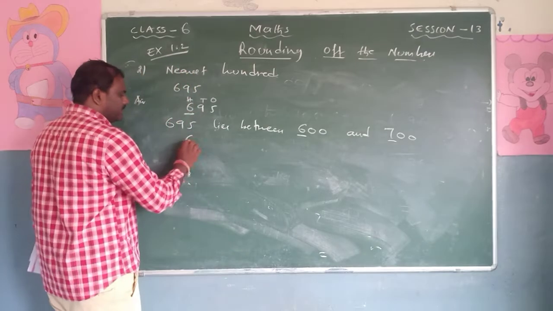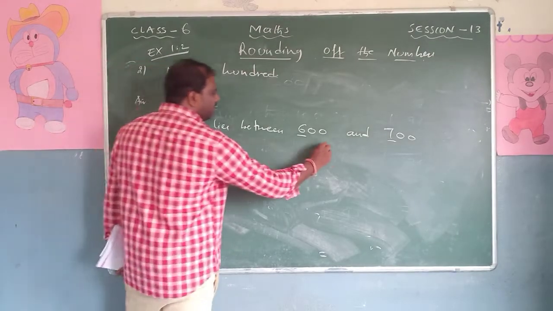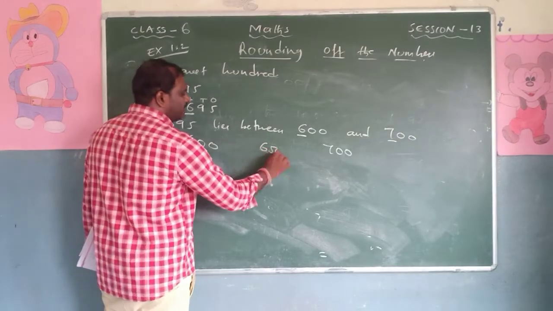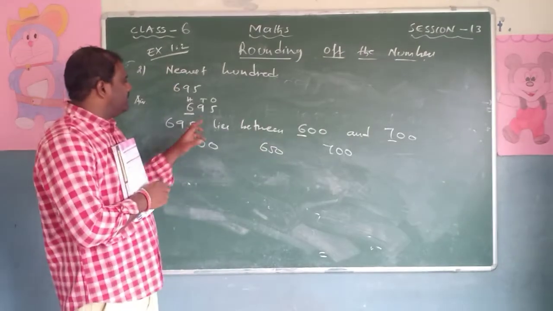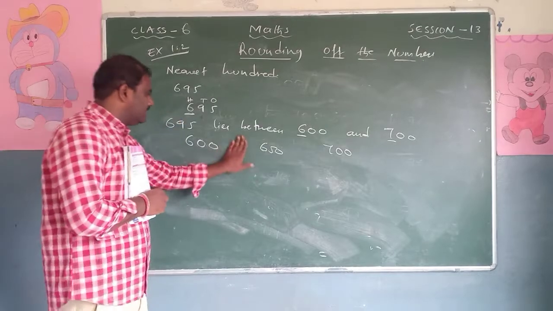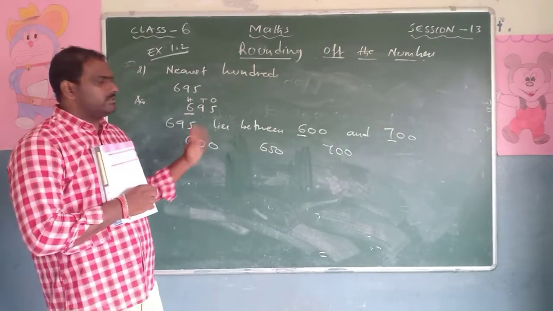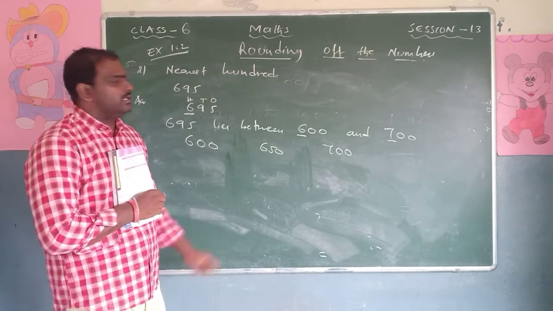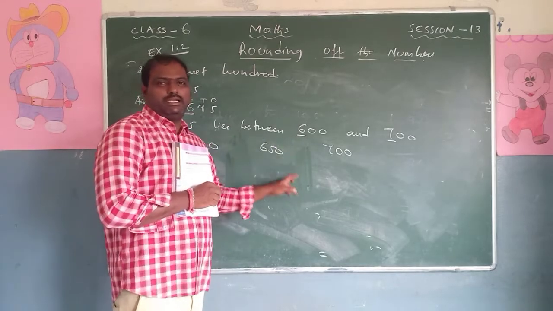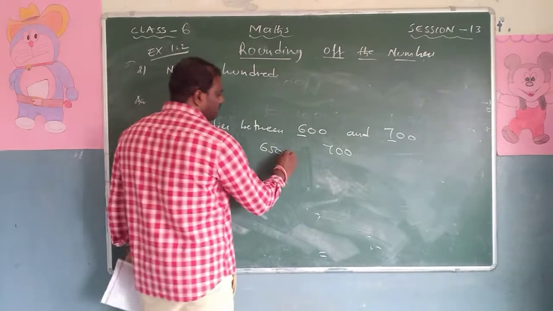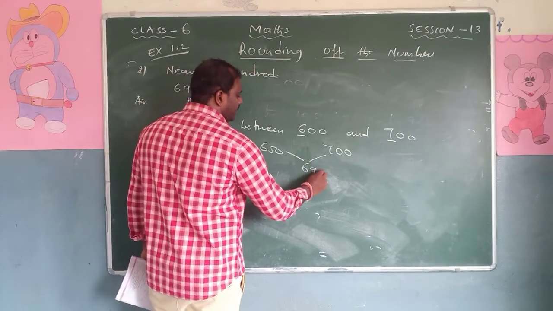Right? After that what should I write? 600, 700. What is the middle number? 650. Now will our number 695 be here or here? Because 600, 610, 620, 630, 640, 650, 660, 670, 680, 690, 700. So 695 will be here.